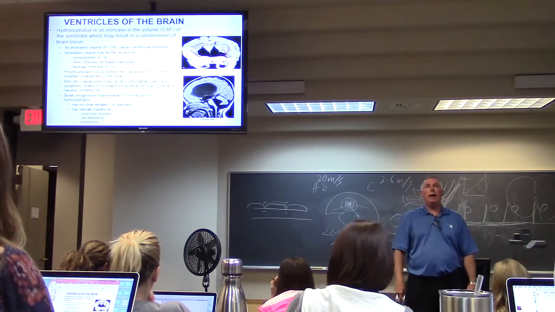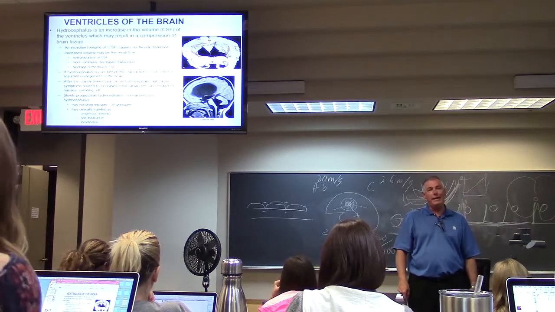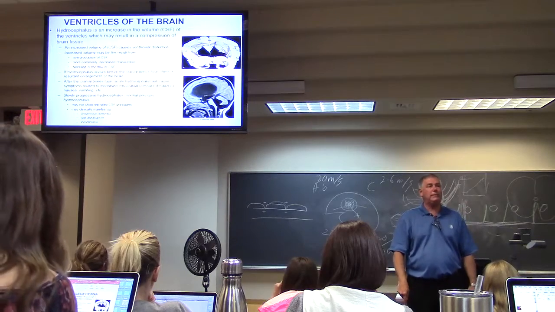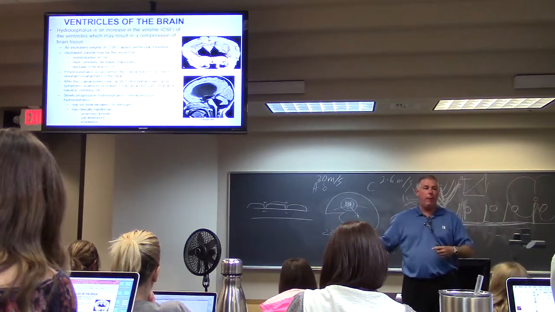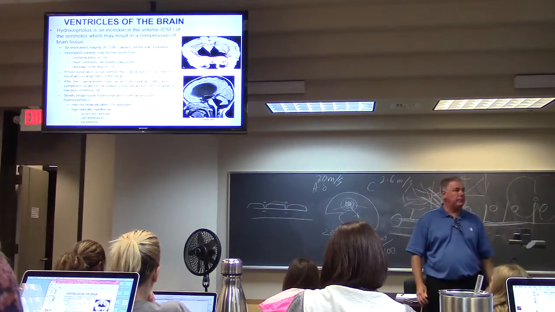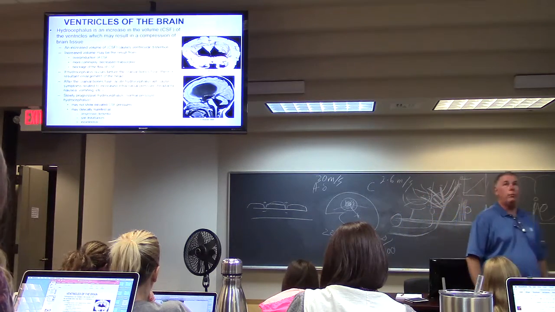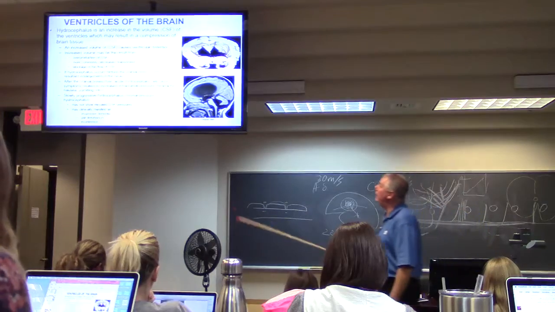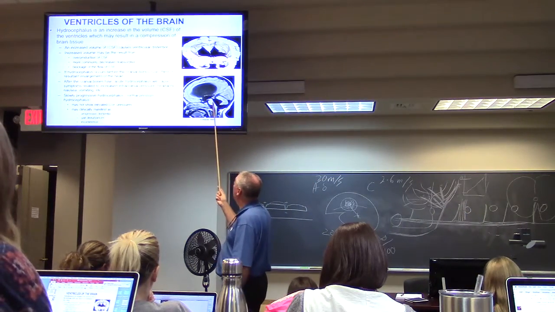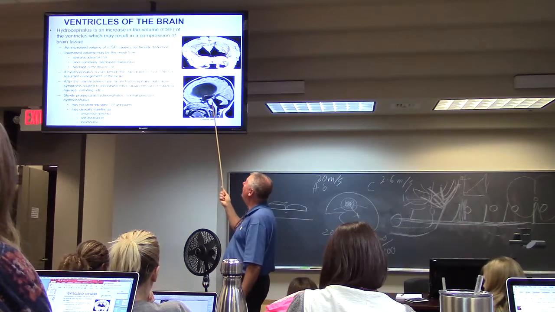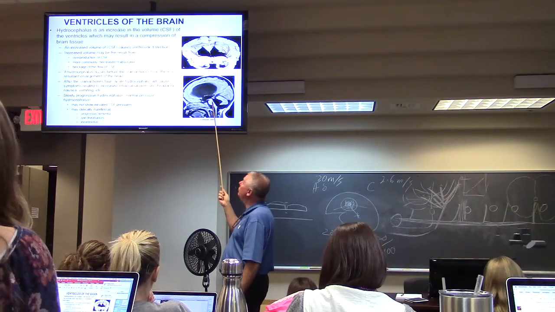Hydrocephalus is a condition where the pressure inside the ventricles goes up because it can't drain properly. The most common place to block the ventricle drainage is right here in the mesencephalon, at the cerebral aqueduct.